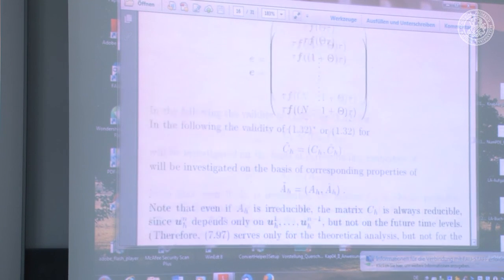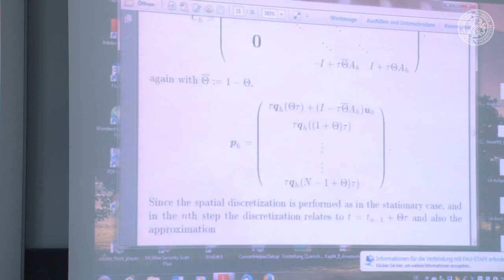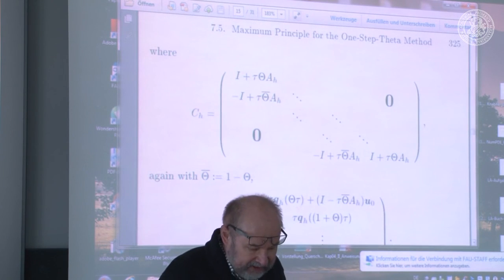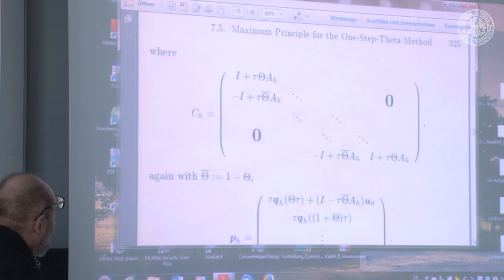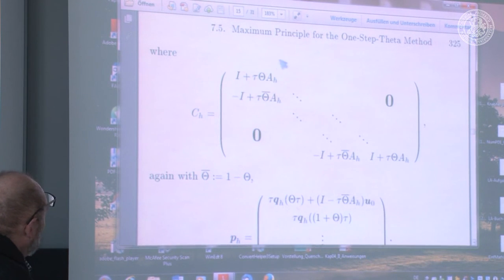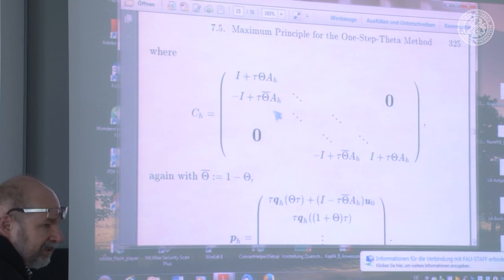At the diagonal, we have 1 plus tau theta times the diagonal element of A. So this is satisfied if the diagonal element of A is positive. We could even allow for a little bit of a negative diagonal element of A, because we still have this 1 here in the sum.